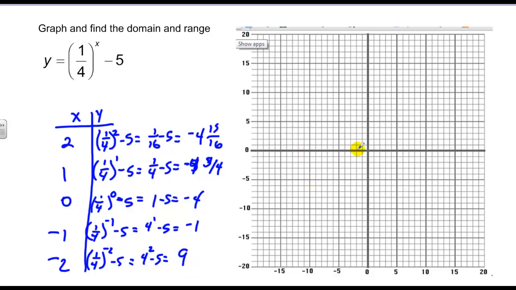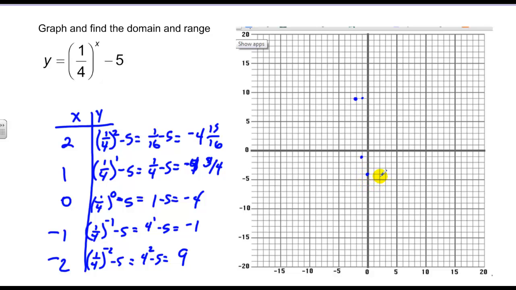So, I go over -2 and up to 9. I go over -1 and down to -1. I go to 0 and down to -4.